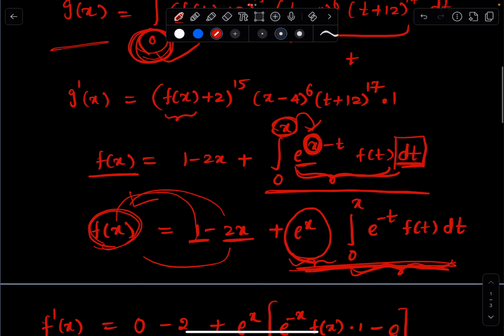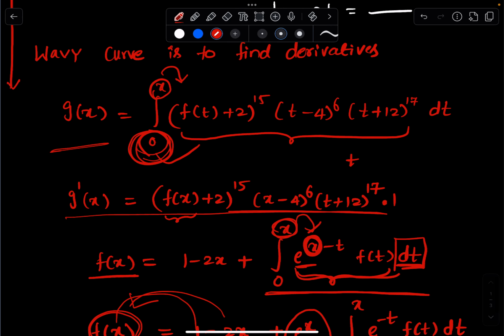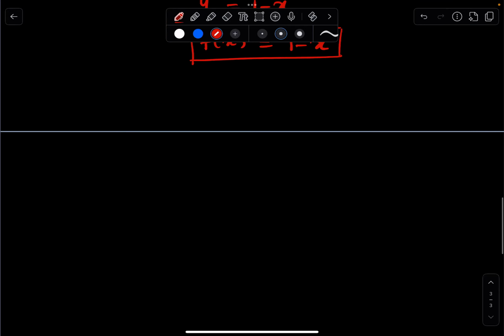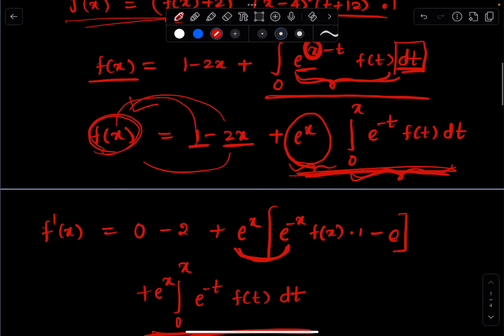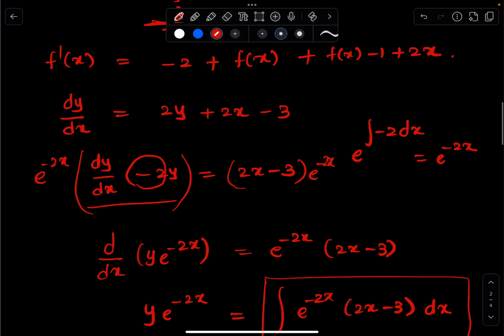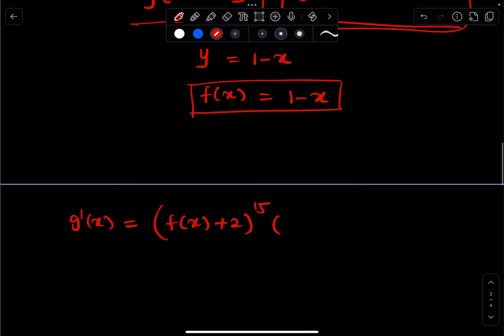Now we have to go back to this thing, g dash of x. What is g dash of x? It is f of x plus 2 whole power 15 multiplied by x minus 4 whole power 6, x plus 12 whole power 17.